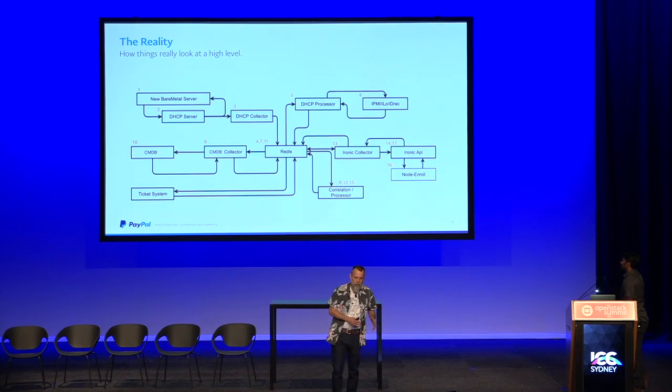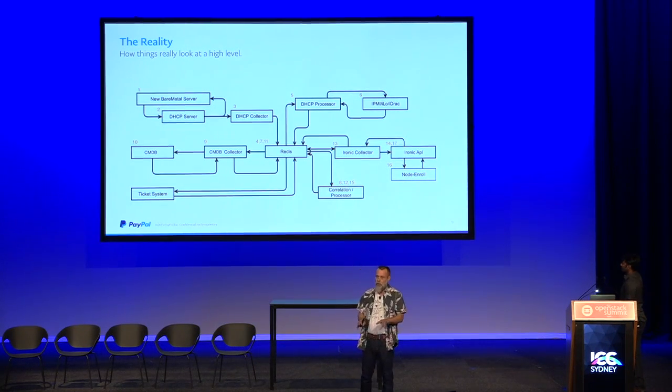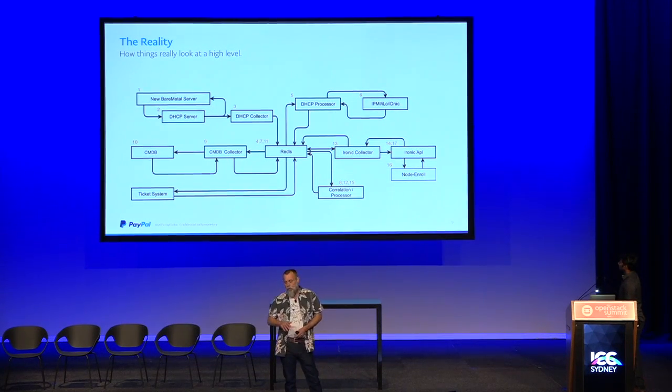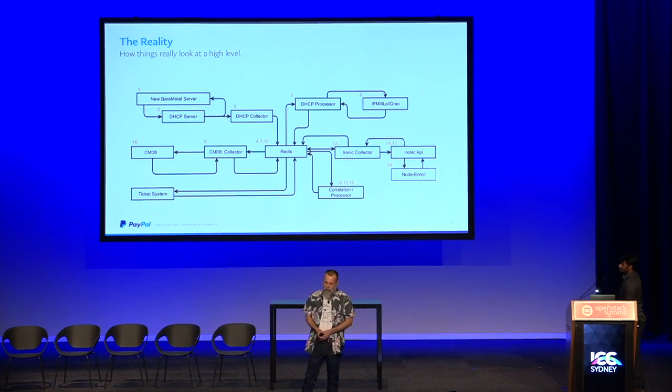The DHCP Collector, which will be described on a later slide, is a small, lightweight program whose specific job is to not slow down DHCP. It gathers that information, injects it straight onto the message bus, and that's the end of its job. The information it collects is picked up by the DHCP processor, which goes out through the BMC, either iLO, DRAC, or IPMI tool, and gathers information about the hardware: processor, disks, RAM.